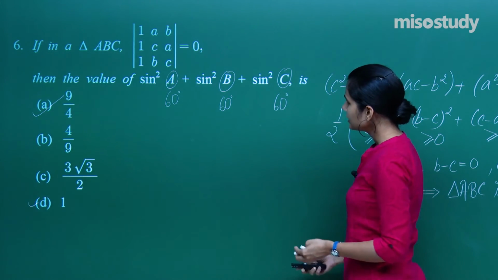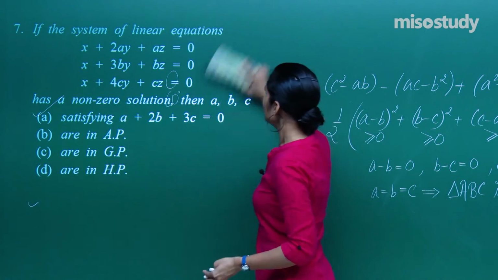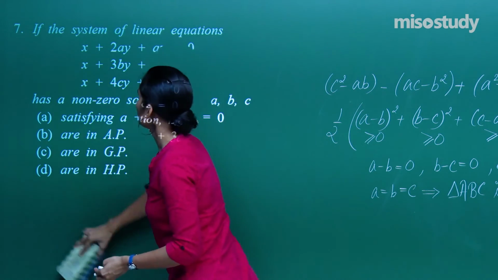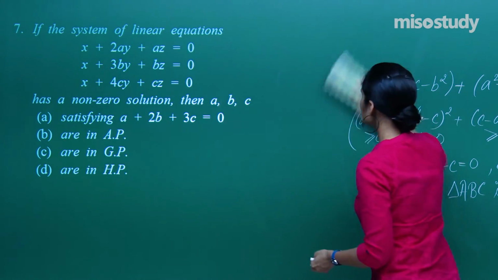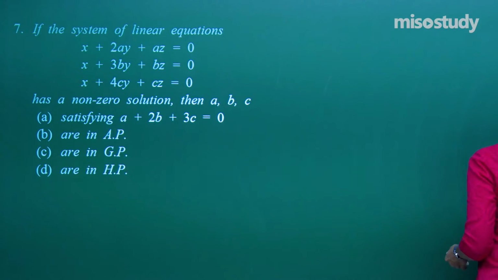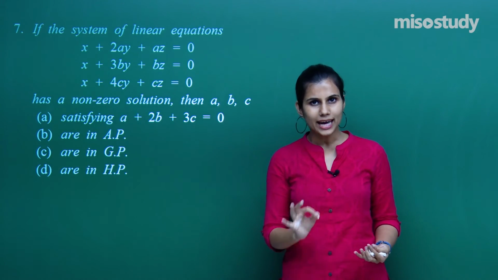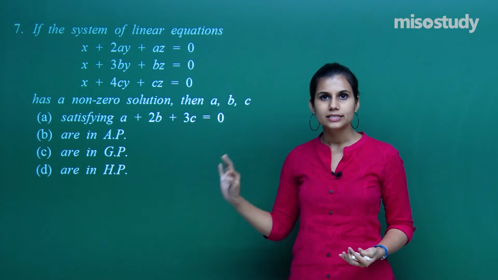Now, the next question is about a system of linear equations. It says if this has a non-zero solution. See, this is a homogeneous system of equations and it is given that it has a non-trivial solution. This can only happen when the coefficient matrix is singular.